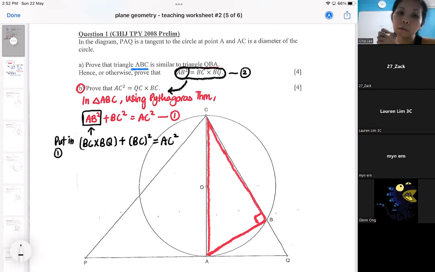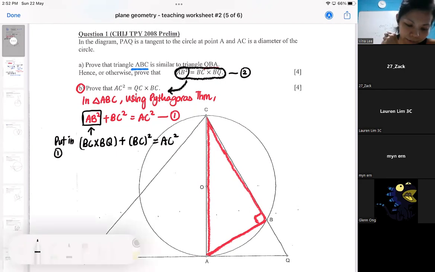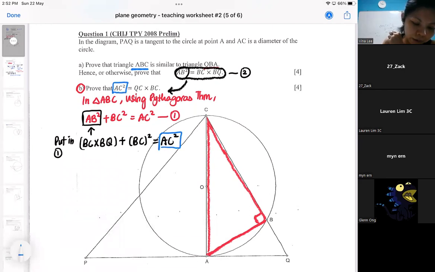So I actually try doing this. After I try doing this, can you observe, you have gotten the AC square, and can you see a common factor?